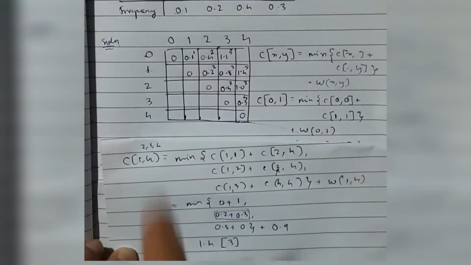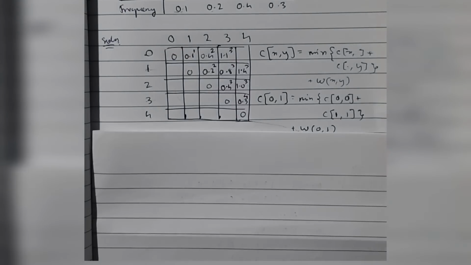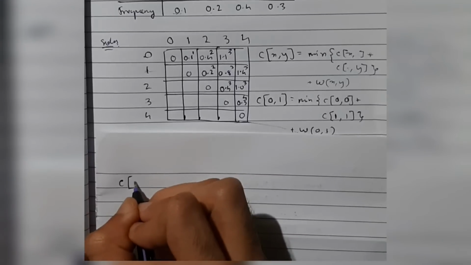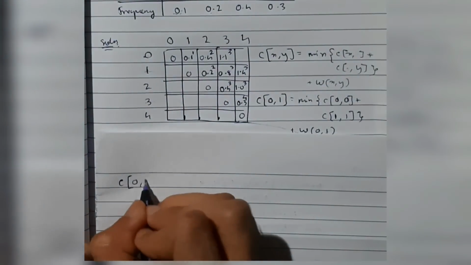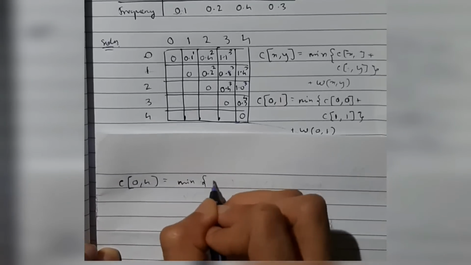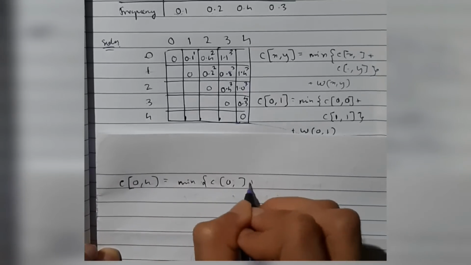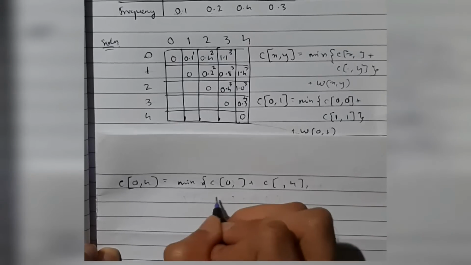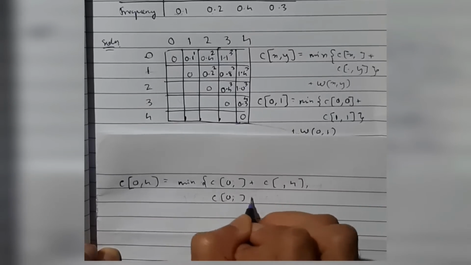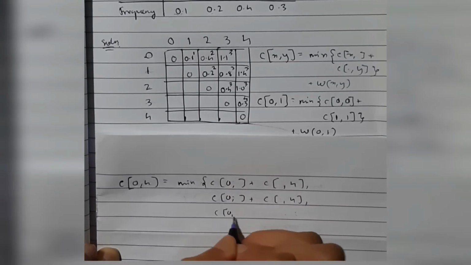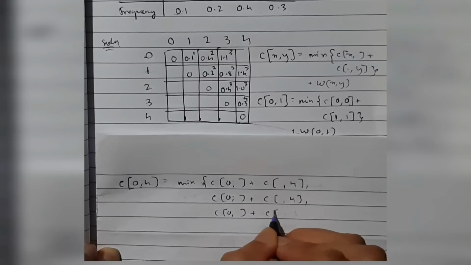Okay, and the last one is, for the last one also the same thing, but here I'll have 4 keys. Okay, c of 0 comma 4 I have to find out. C of 0 comma 4 is equal to minimum of c of 0 comma something plus c of something comma 4. I'll be writing down this 4 times because I have 4 keys now, and this is the last one for filling the table.